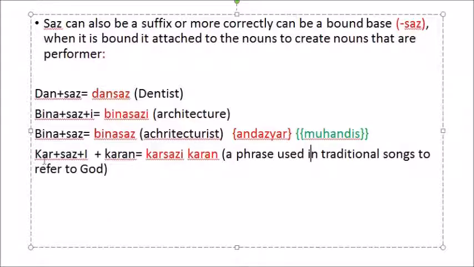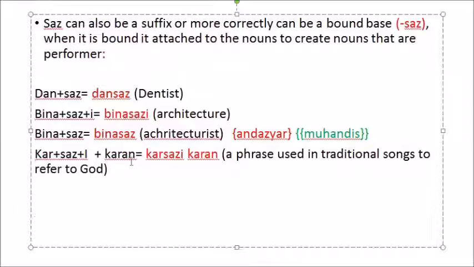Then kar plus saz plus e means karsaz. Karsazi karan is actually a phrase used in traditional songs or poems to refer to God. Karsaz means someone who does work, who does things. Karsazi means working to do something.